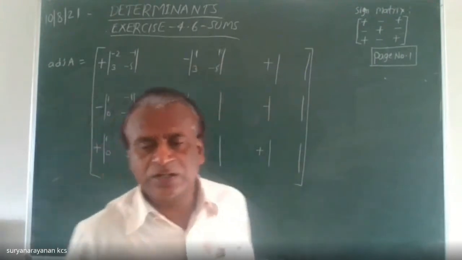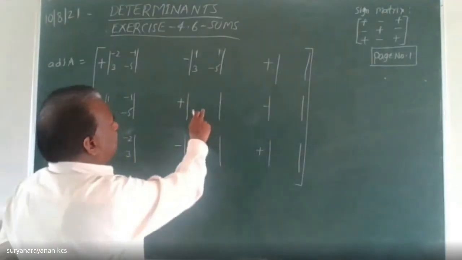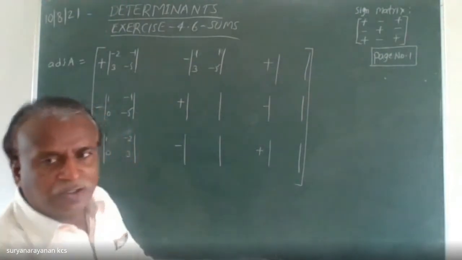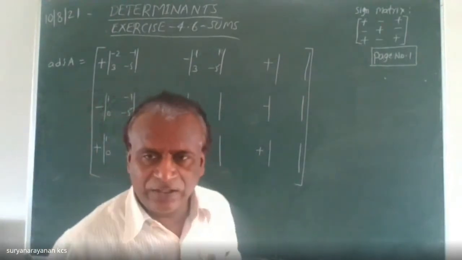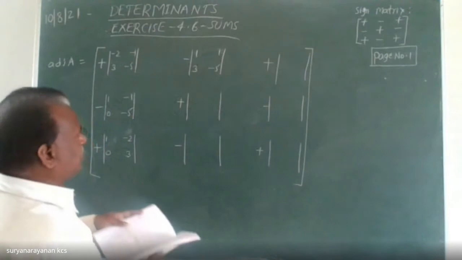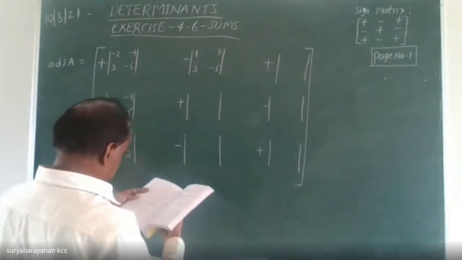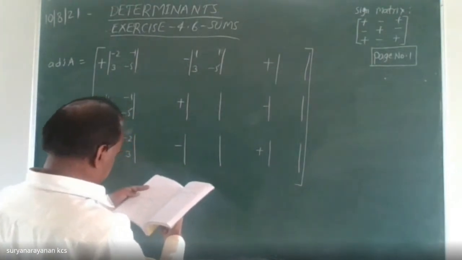Is it right or not? Yes, sir. Now come to the second element. Close the second row, second column. It's 2, 1 and 0, minus 5.